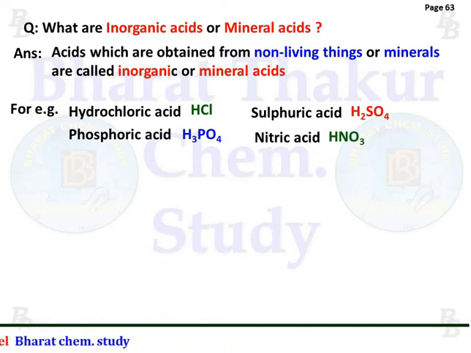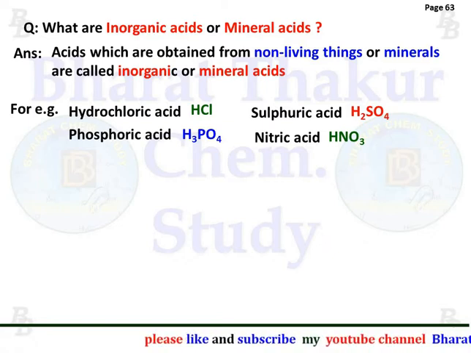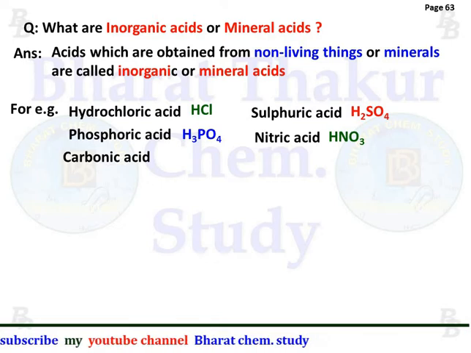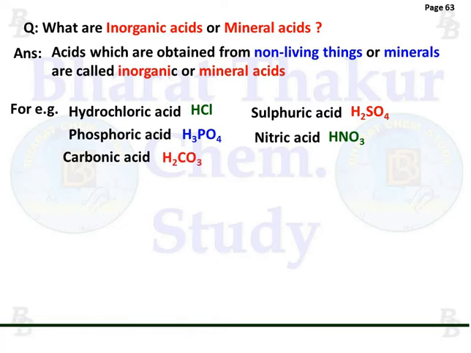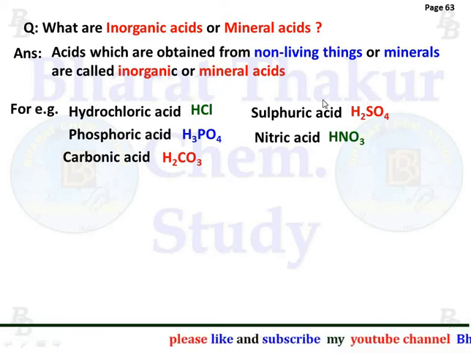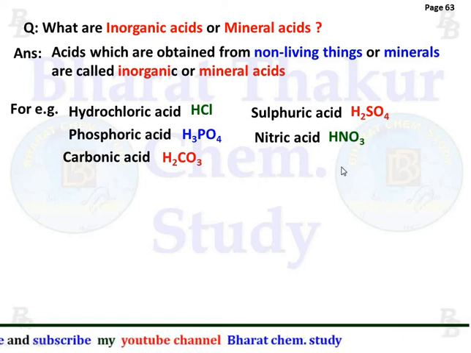So students, please learn the names as well as the formulas of some important acids which are given in this video. Carbonic acid, H2CO3. All these are inorganic acids because they are obtained from non-living things or from minerals, and therefore they are called mineral acids.